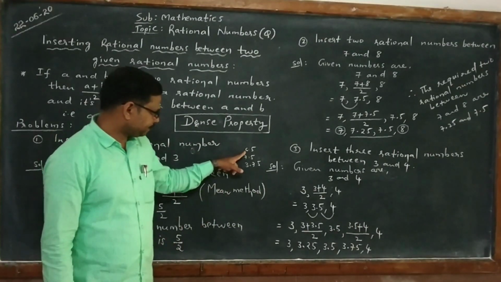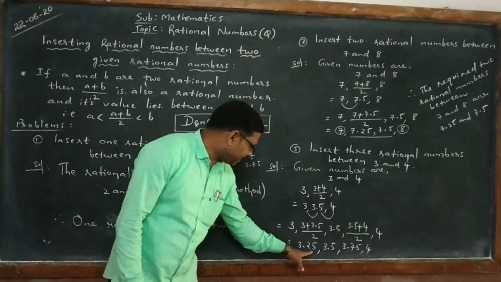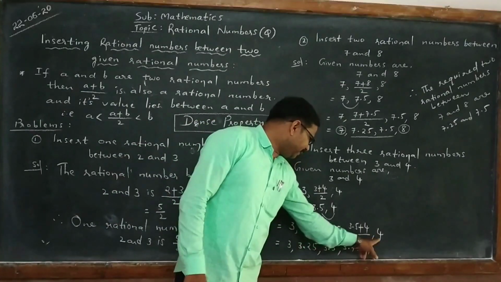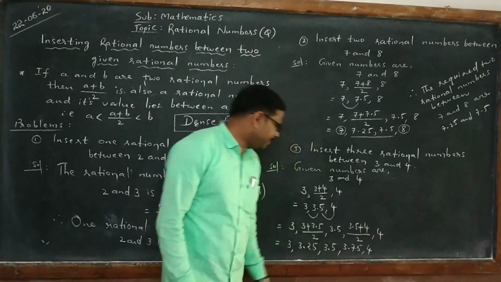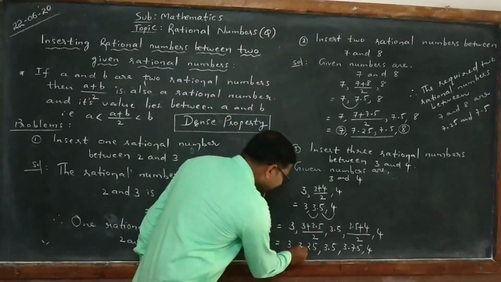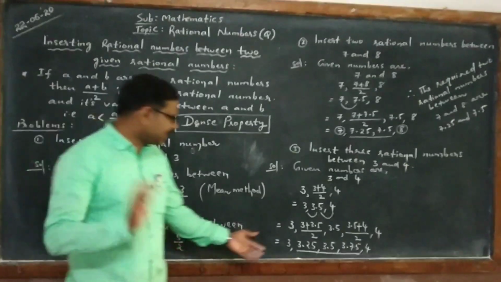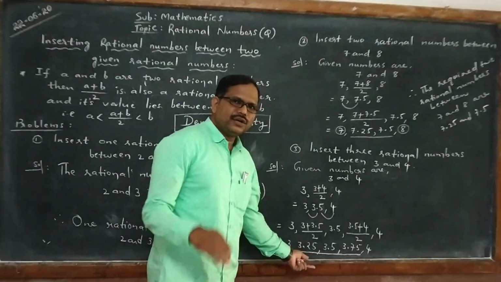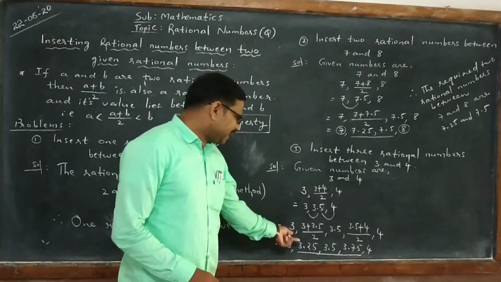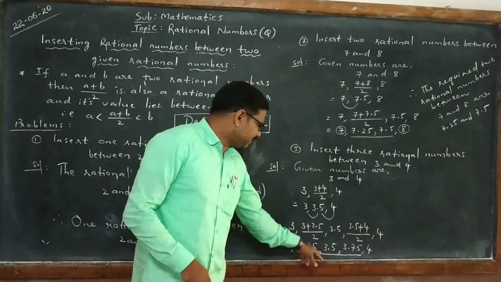Is it not? Between 3 and 3.5 I have 3.25. Between 3.5 and 4 I have 3.75, right? So those three are the required rational numbers. This is not the unique answer. You may get different answers, but I am finding three of the infinite rational numbers.